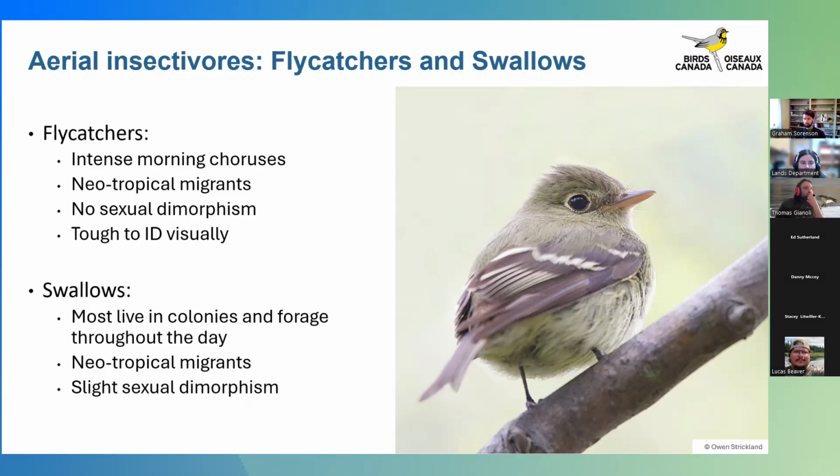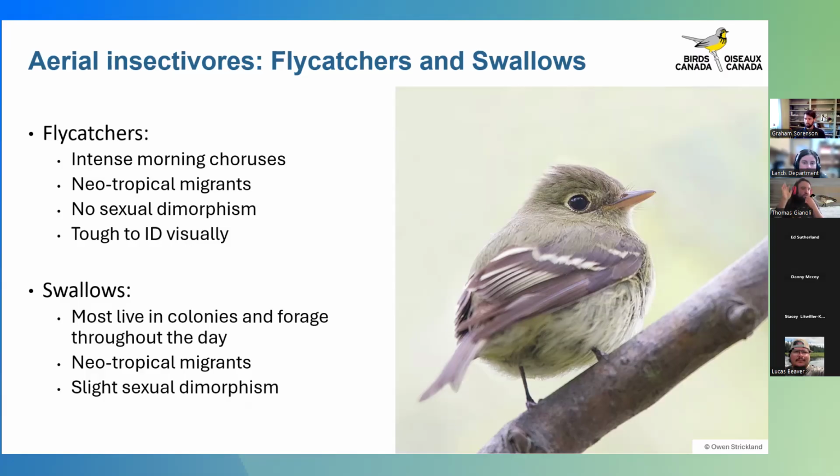There's no sexual dimorphism, males and females are pretty much the same for flycatchers, and they're really tough to ID visually. But their songs are quite different between each species, so it's a bit the contrary to the vireos.